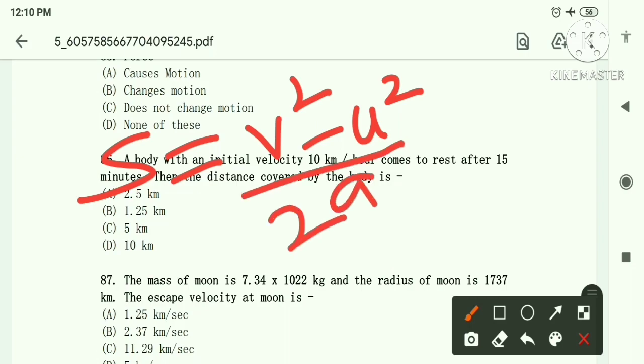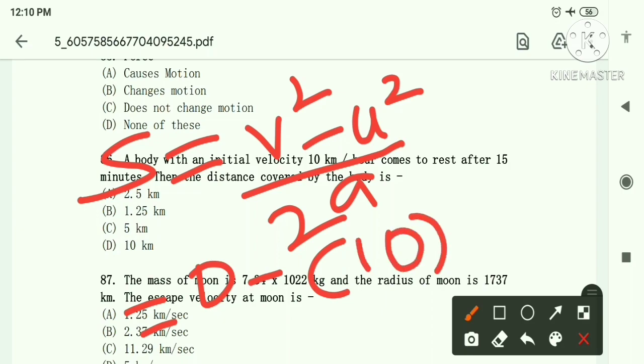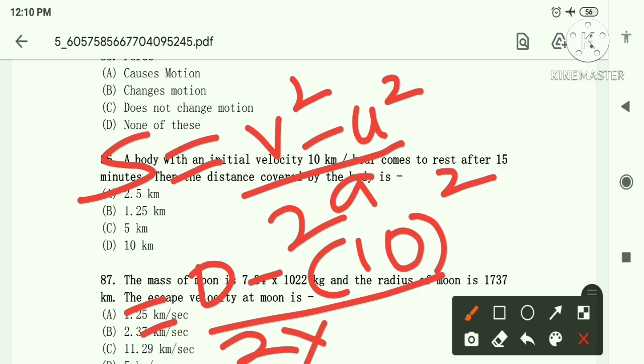Now put the values in this. Here v square, the final velocity, is 0 minus, here it is, the initial velocity is 10 square, divided by 2 into acceleration, which is minus 40. Okay, acceleration is minus 40.